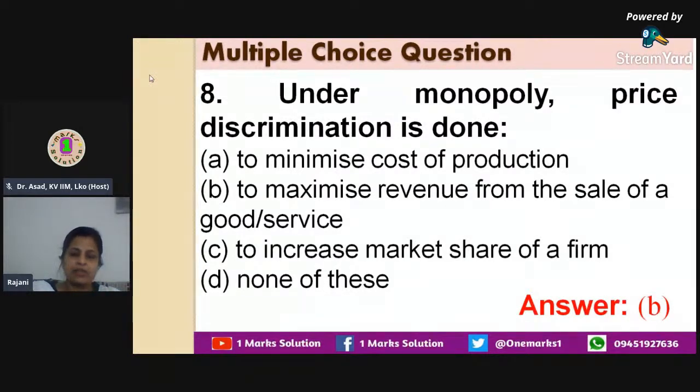Sometimes the price fixed by the firm is not affordable to common people, so they favor those consumers, and the same service is available, but depending on the condition of the consumer they charge the price separately. That is the meaning of price discrimination. So monopolies use this strategy.